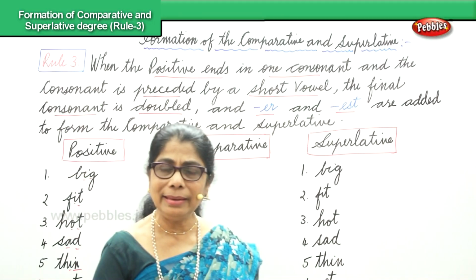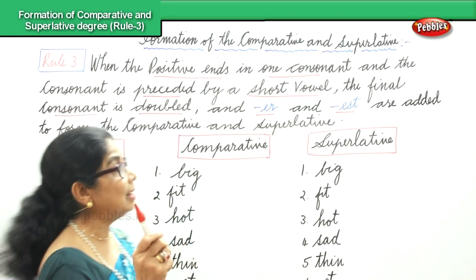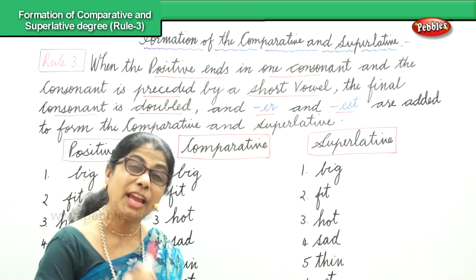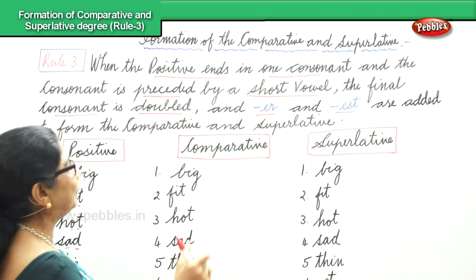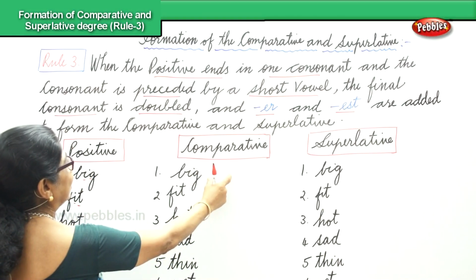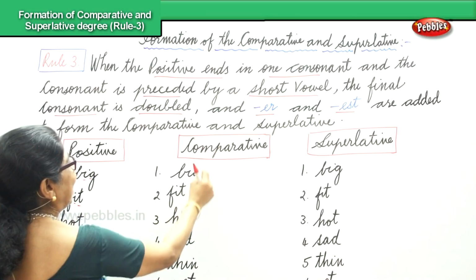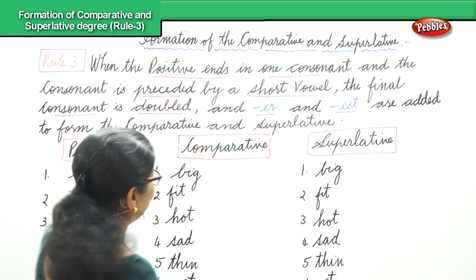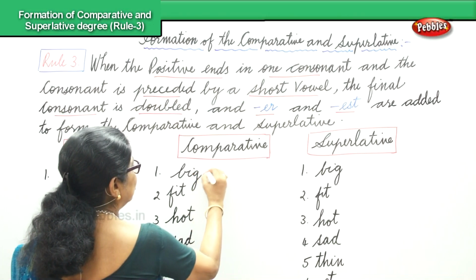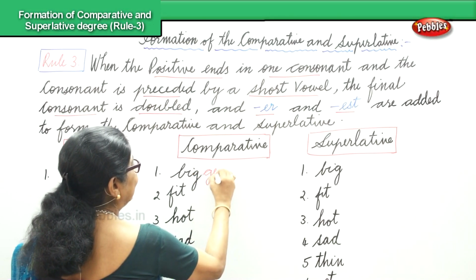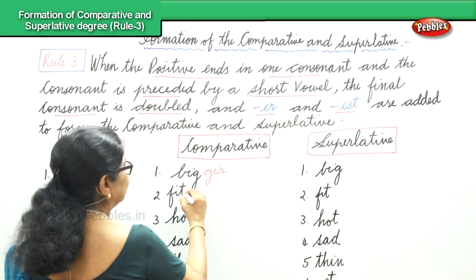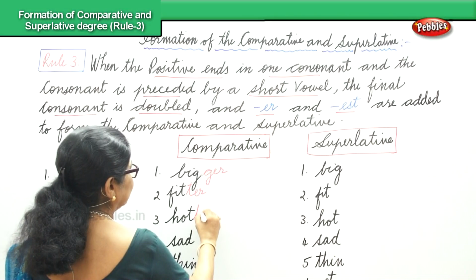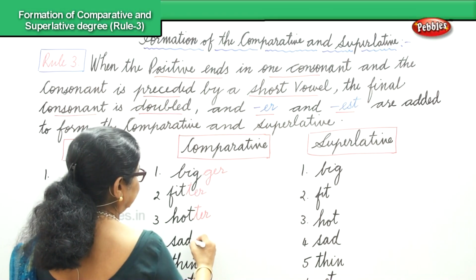So, when the word ends in one consonant preceded by a short vowel, what happens? The formation of the comparative is by first doubling the consonant and adding ER. Bigger. Fitter. Hotter.